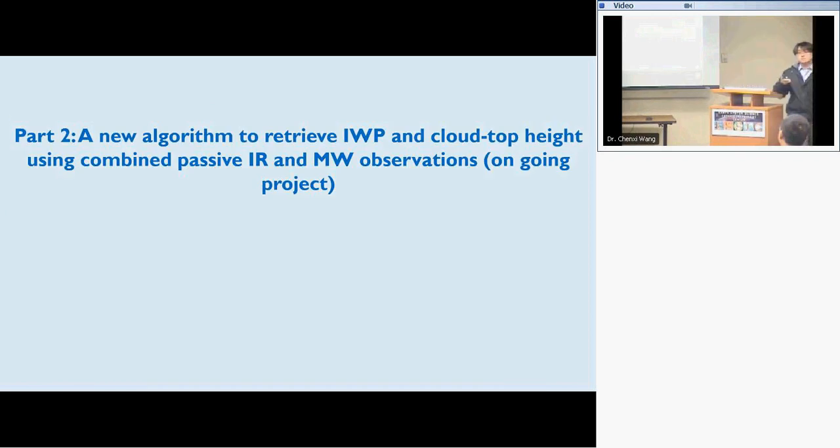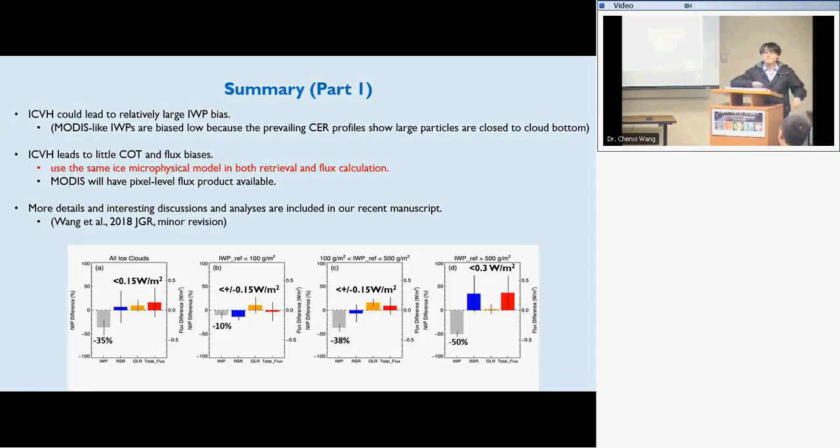Okay, so part 2. Uncertainty. That's in the standard MODIS product, but I guess for IWP, because in MODIS they didn't retrieve IWP directly, they retrieve COT and the particle size, and the IWP is actually a product of those two variables.